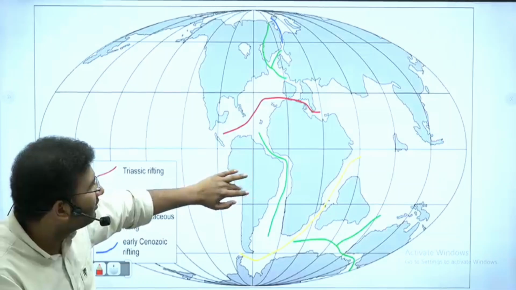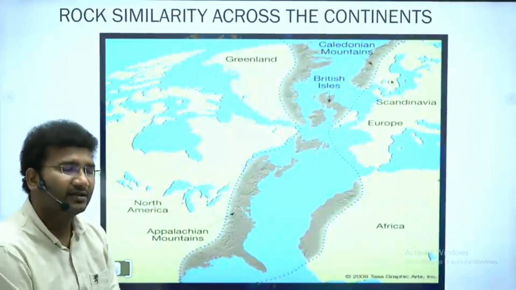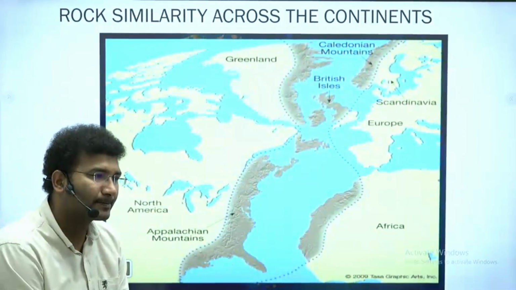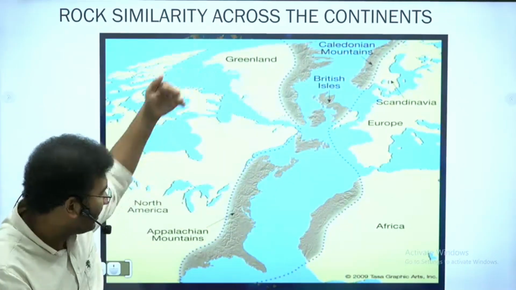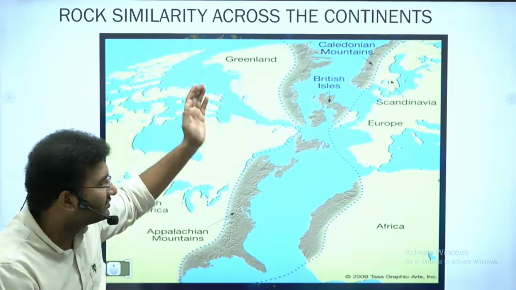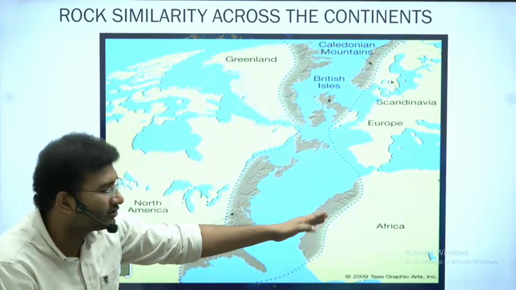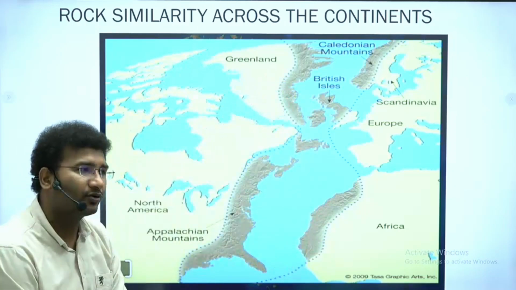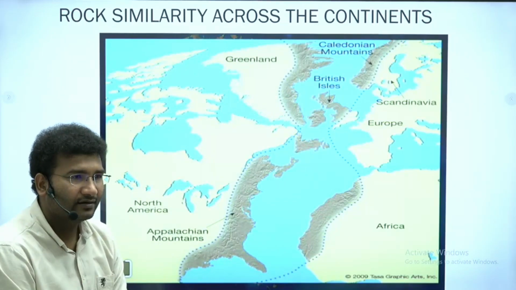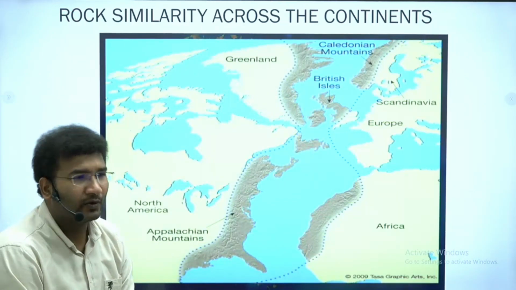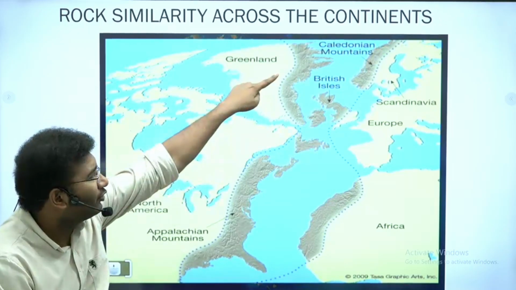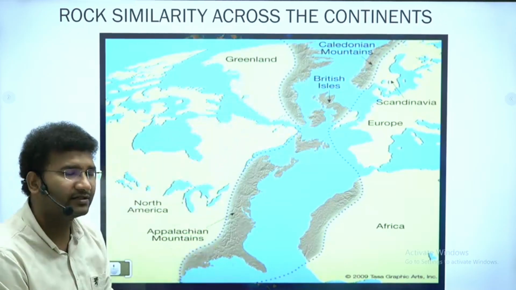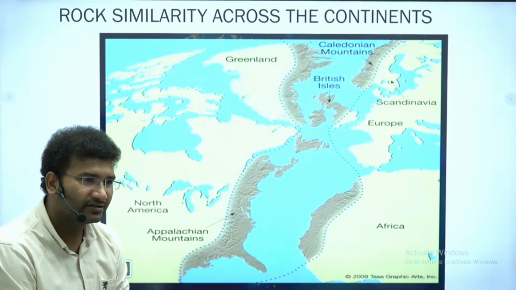Now coming to the second evidence, the mountains. The mountains that are there in Greenland and the USA, a similar kind of mountain chain is also present in Africa and Europe. These are the Caledonian mountains and Hercynian mountains, two ranges of mountains.